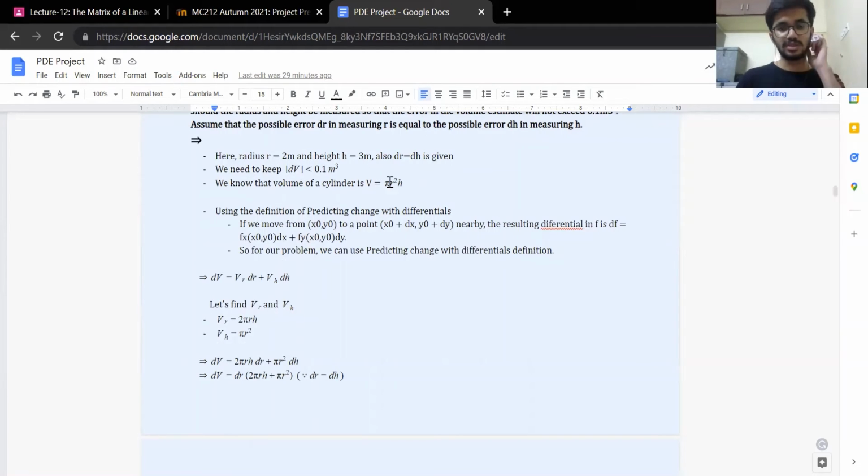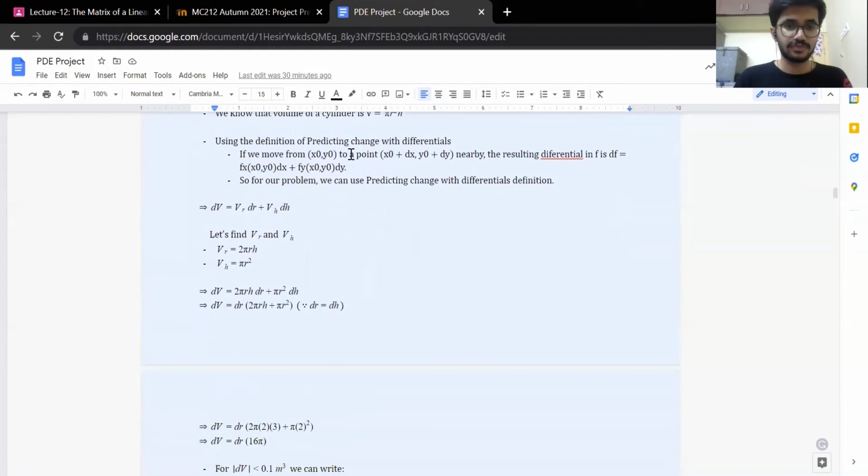So here are the given statements, and we know, using predicting change by differentials, from x naught, y naught to x naught plus dx, y naught plus dy, the differential part. So df we can write simply in this form, and here we change it: instead of f we have volume, and instead of x and y we have r and h.